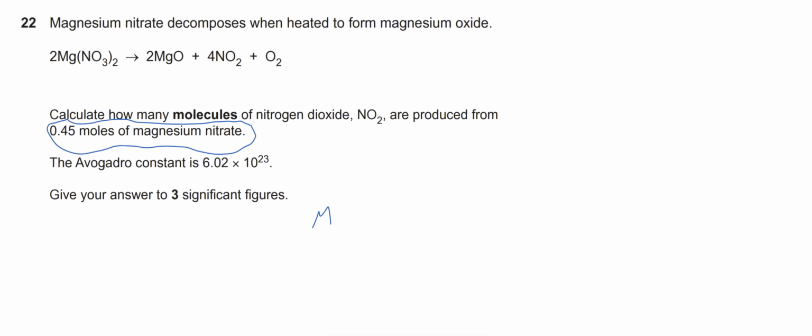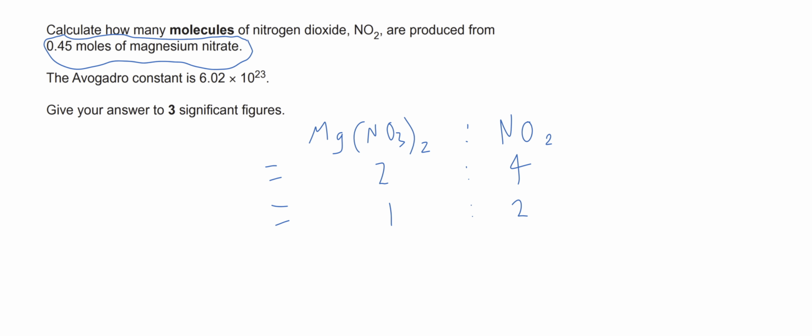So the ratio of Mg(NO3)2 to NO2 is 2 to 4. This simplifies to 1 to 2. Therefore, if you have 0.45 moles of magnesium nitrate, that would produce 0.9 moles of nitrogen dioxide, because 0.45 times 2 is 0.9.